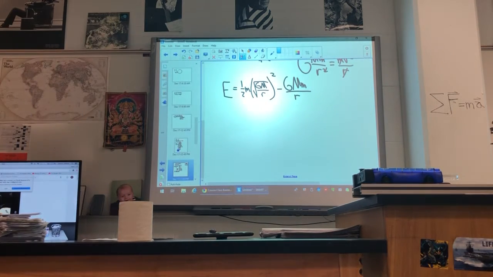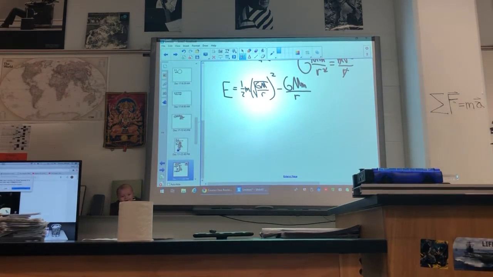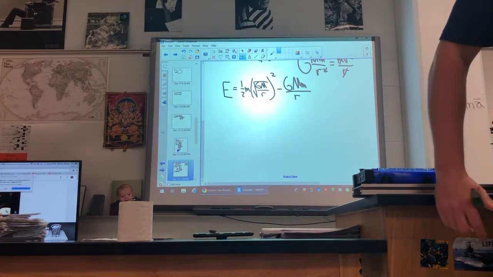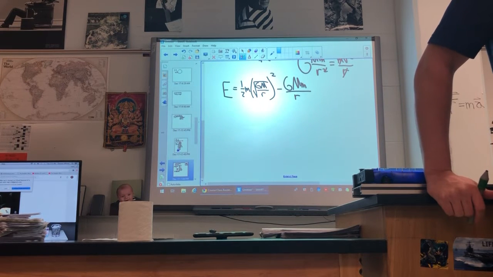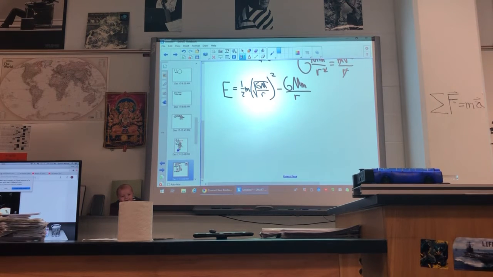Should our orbital energy be greater or less in magnitude than just our potential energy alone? It's going to be less in amount. Let's see what happens.